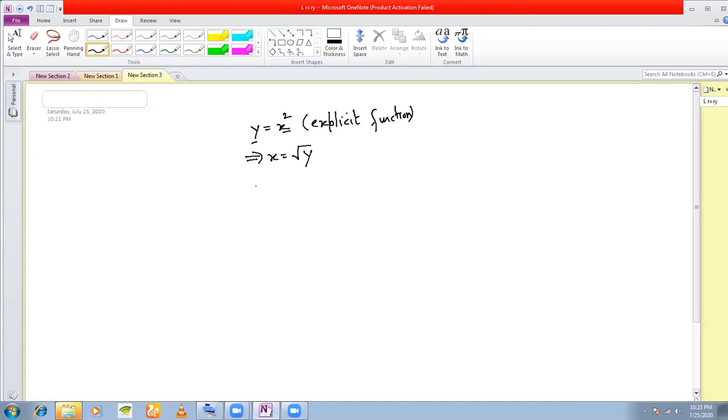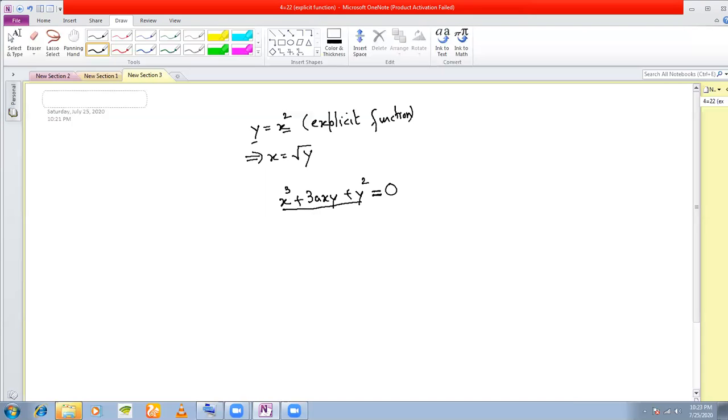But what if I give you a function that you cannot find in terms of the other variable? Let us say x cube plus thrice a xy plus y square equal to 0. This is a function of two variables, x and y. Can you find x in terms of y here? Not possible.